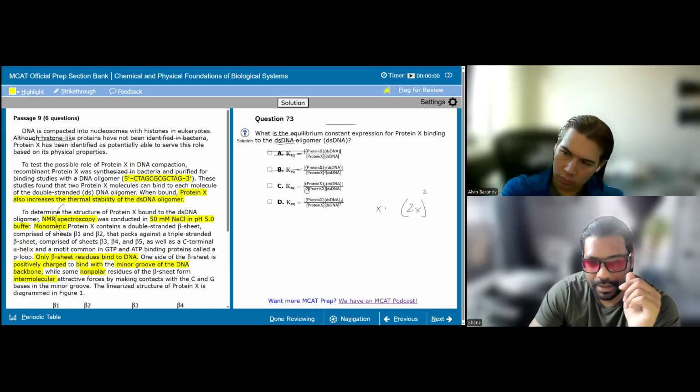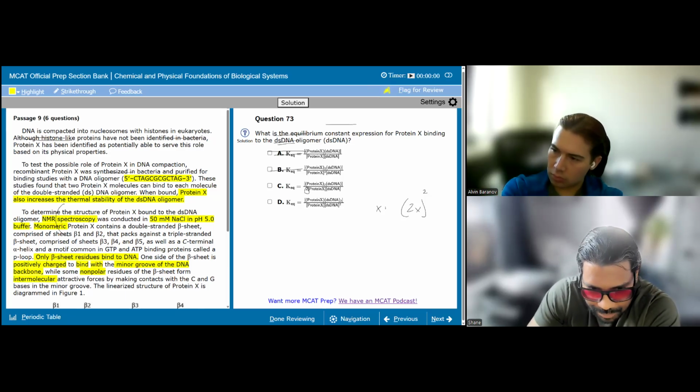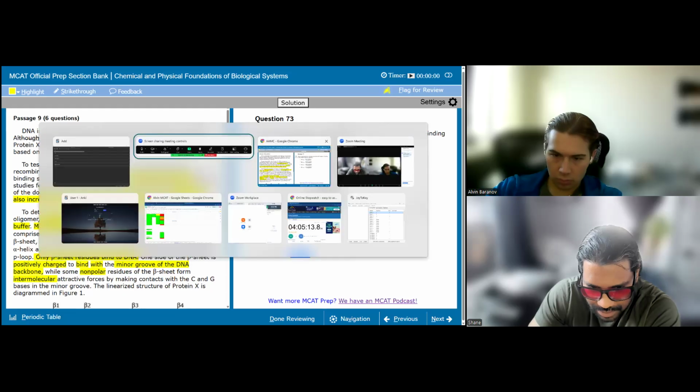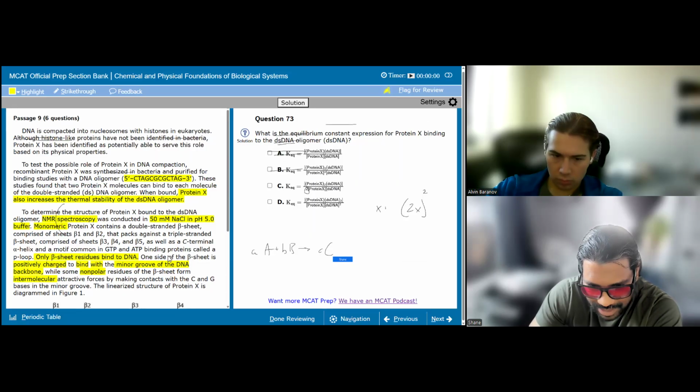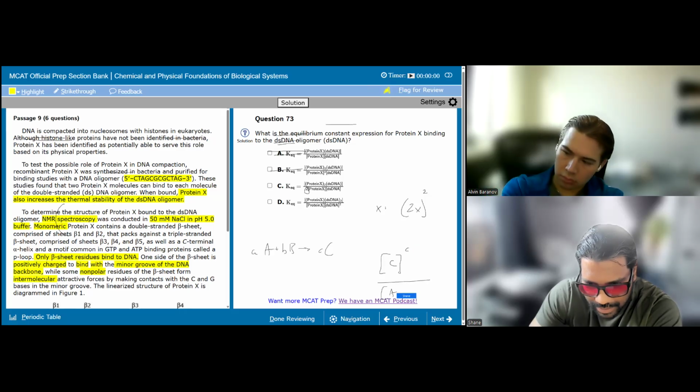Usually you've seen me draw it as c to the power of c over a to the power of a, b to the power of b.